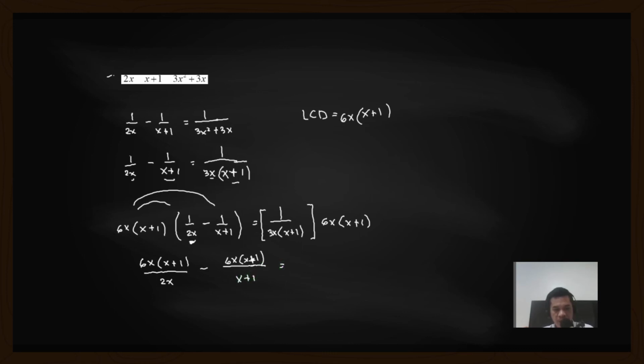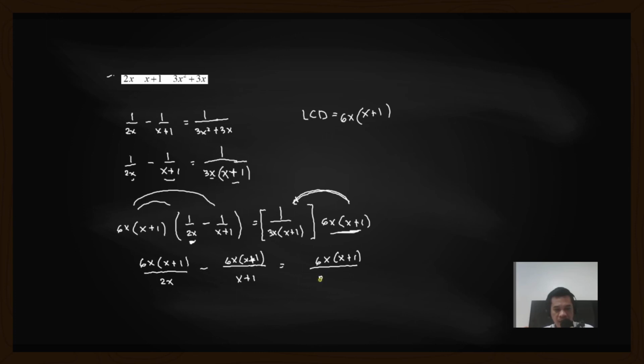Same also, on the other side, we multiply this LCD to this term, and we have the result, 6x, and then x plus 1. Okay? 1 times this LCD, the result is equal to the LCD itself. So, pag i-multiply natin itong LCD to 1, the result is the same, 6x times the quantity x plus 1.